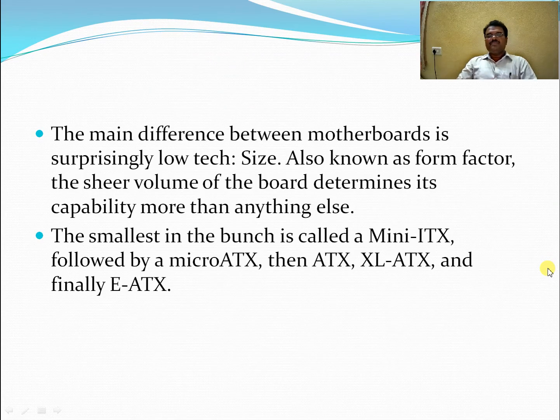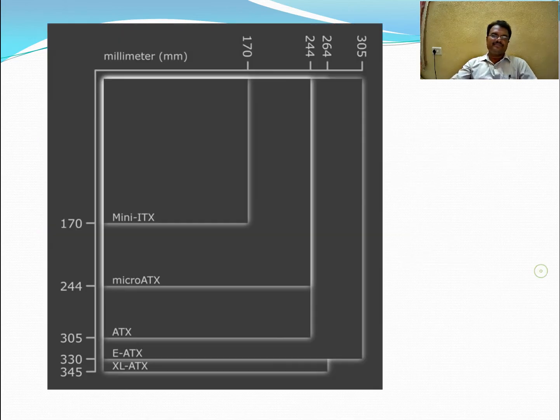The main difference between the motherboards is surprisingly low technology: size, especially size. Also known as a form factor, the sheer volume of the board determines its compatibility more than anything else. The smallest in the bunch is called Mini ATX, followed by Micro ATX, then ATX, XL ATX, and finally EATX.